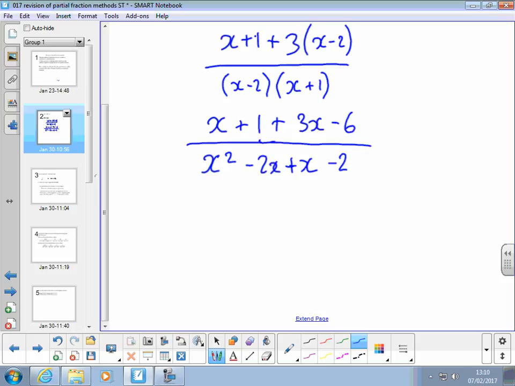And then we can pull together like terms, so x and 3x is 4x, 1 minus 6 is minus 5. So the top line, 4x minus 5 over x squared minus x minus 2. Yeah?